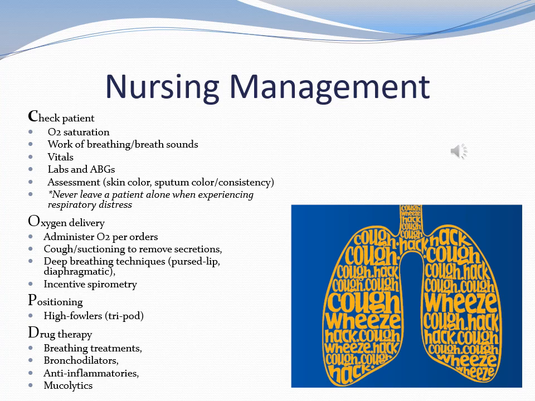All right, these patients also need oxygen delivery. So administer oxygen per orders. Do we need any coughing education, suctioning to remove any secretions? Maybe they've got a mucus plug that's stuck, deep breathing techniques, and then an incentive spirometer can even help in these patients. Positioning. These patients should not be laying flat.